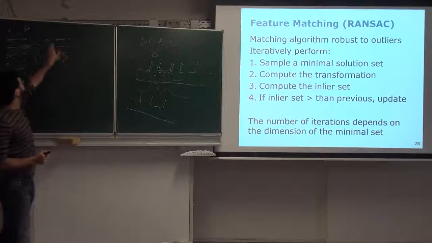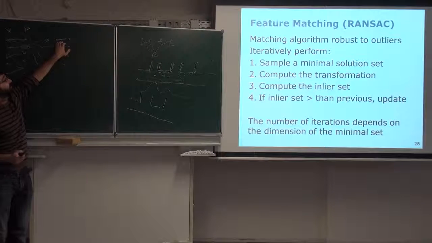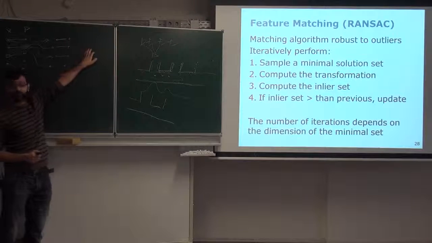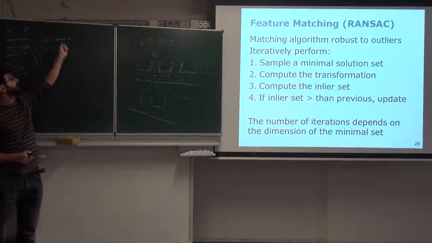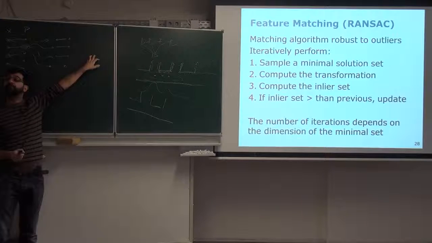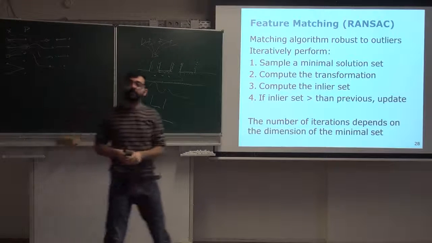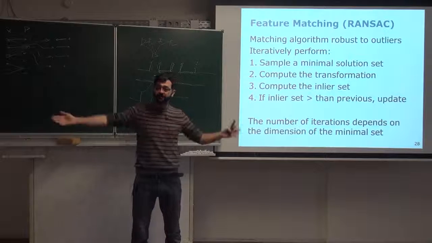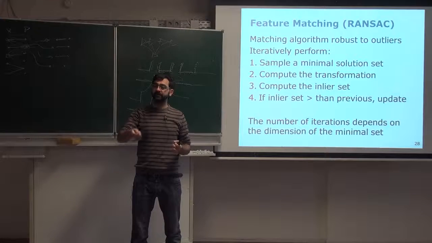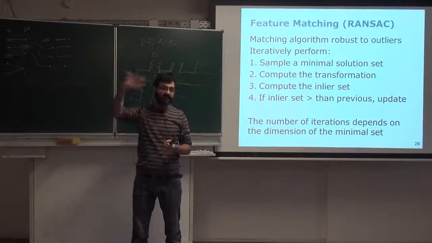Because then once you build a solution set, so you have a minimal solution set, you get the solution, and then you check how many of the others actually agree on that, okay? So it's like an advanced way of voting, no? So normally when you vote, there are a lot of people, and each of them votes for something. And then the one that gets the majority of votes wins and is elected, no?